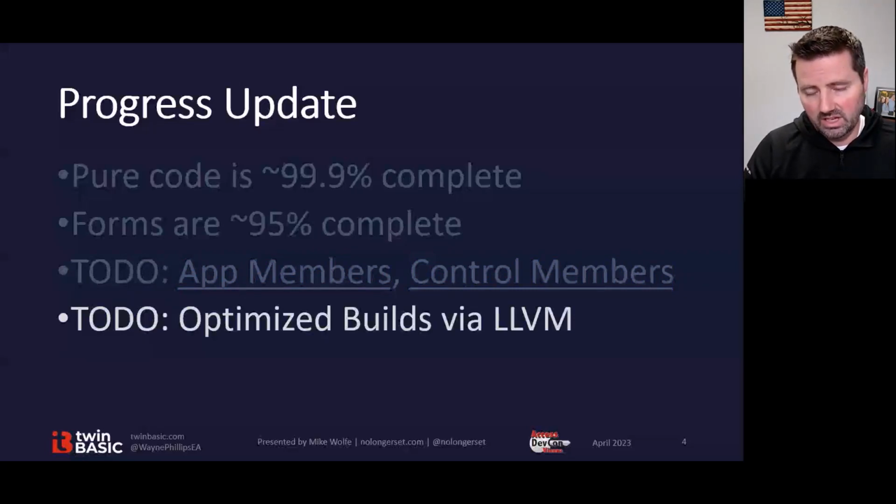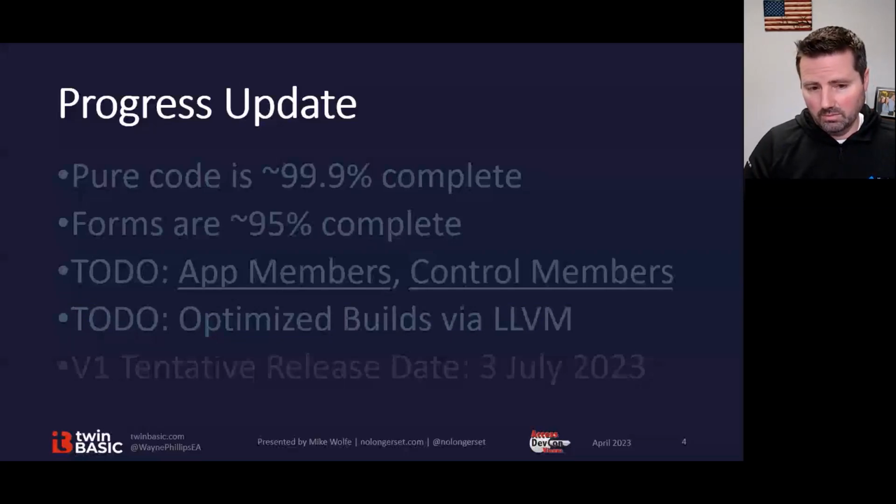One of the other things that is left to do before a version 1 release is to enable optimized builds via LLVM, which is sort of a programming language agnostic tool that can optimize compiled code.